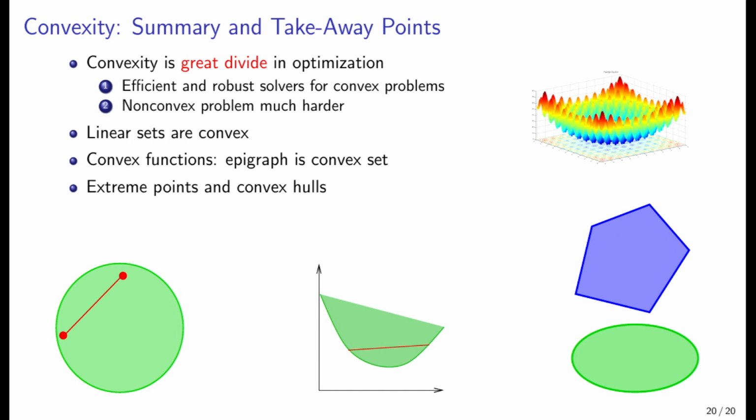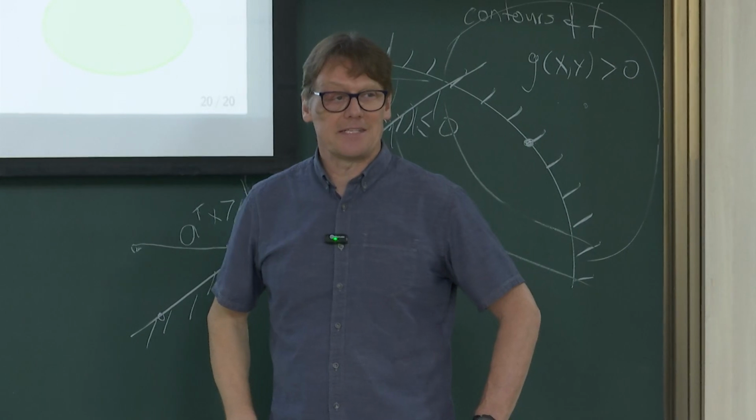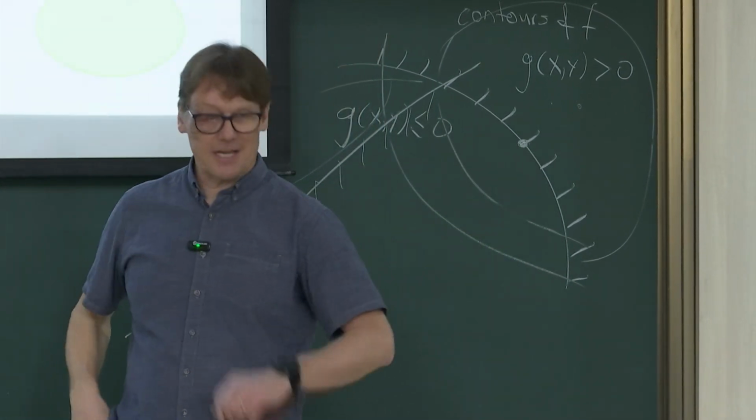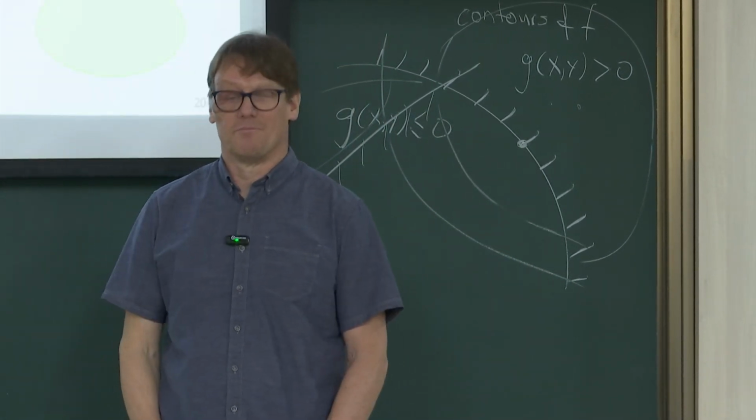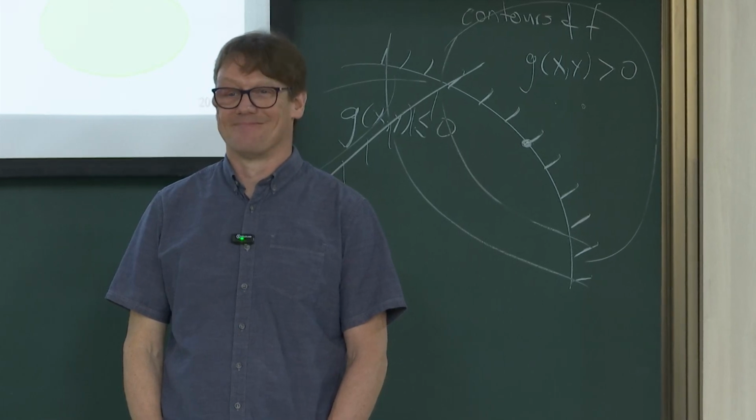You have a convex function if you take a secant, and the nonlinear function in between the two secant points lies below the secant. And there are extreme points and convex hulls. So that concludes my second lecture.